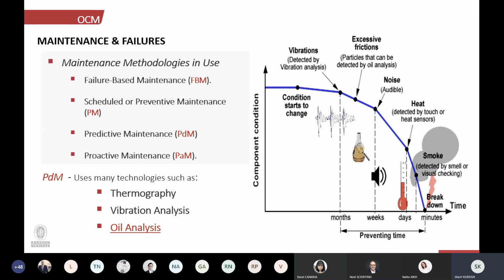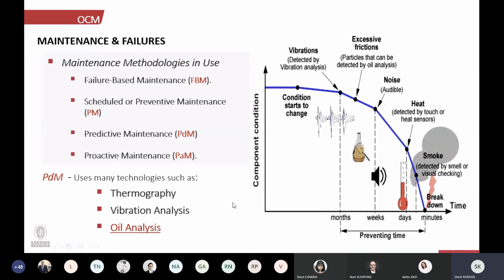But the figure here shows what happens in a machine during operations. During normal conditions, which we are working with now, when the machinery starts to face a little bit of a problem, there will be vibrations, and this vibration can be detected by vibration analysis, one of the technologies used for predictive maintenance programs.